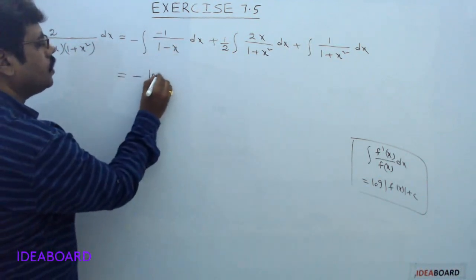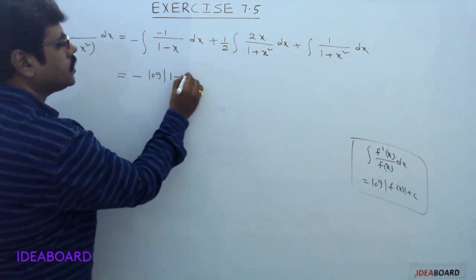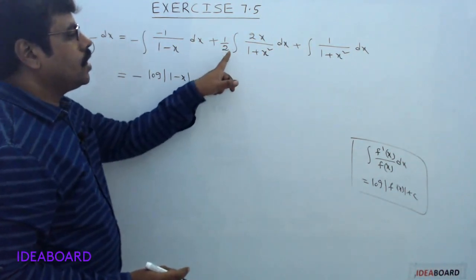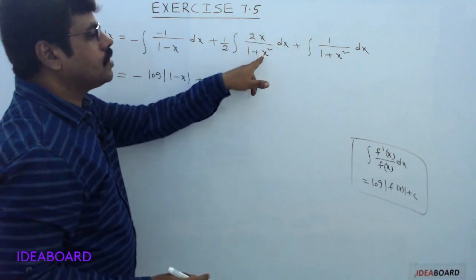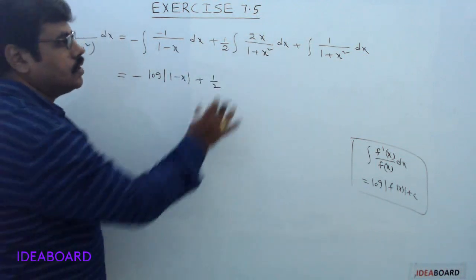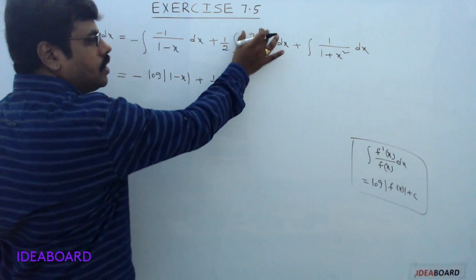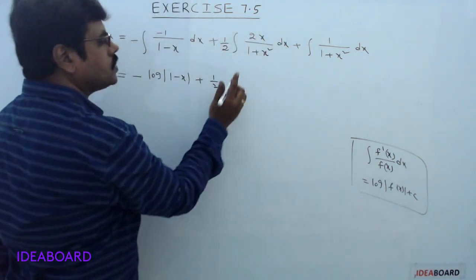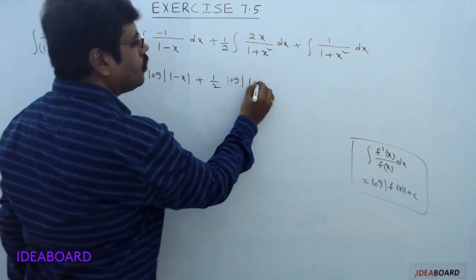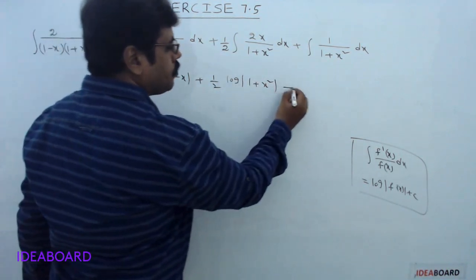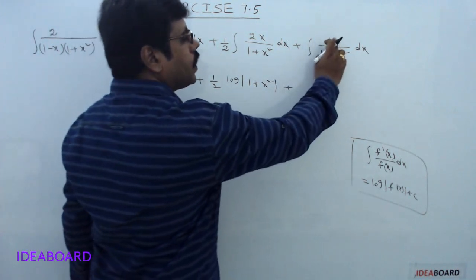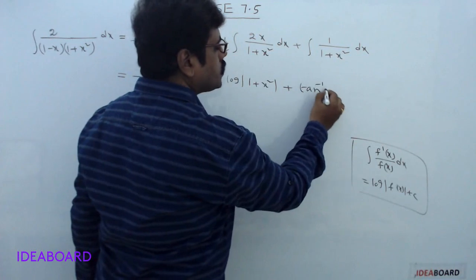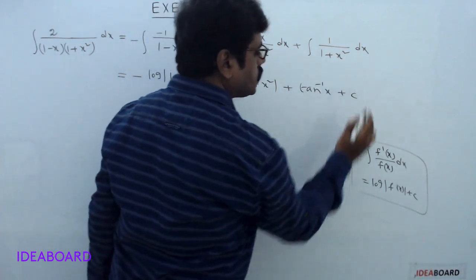So use that formula: log mod 1 minus x, plus 1 by 2 into, it is of the form integral f dash of x divided by f of x dx. f of x is 1 plus x square, f dash of x is 2x. By using this formula, what is its answer? Log mod 1 plus x square, plus integral 1 divided by 1 plus x square dx. What is this formula? Tan inverse of x plus some constant c.